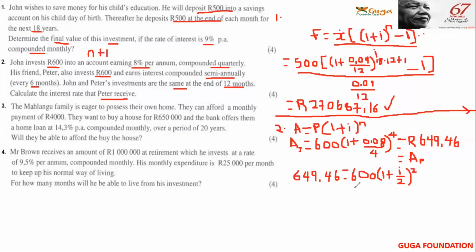Here you divide both sides by 600, then you will have roughly 1.08243216. Don't round here, you only round on your final answer.